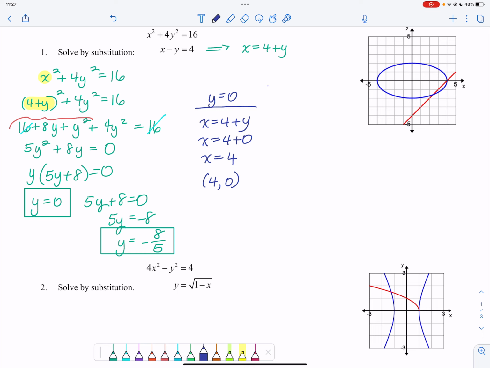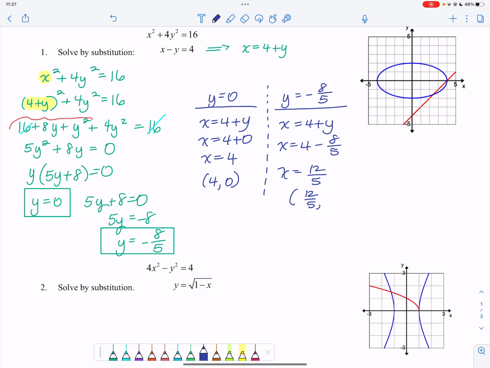Now let's take a look. We have y is equal to negative 8/5. So we have x equals 4 plus y, and we have x equals 4 minus 8/5. And we have x is equal to 12/5. And we have a point on our line, 12/5, negative 8/5.